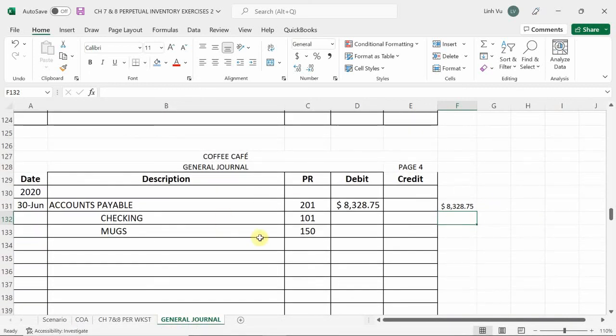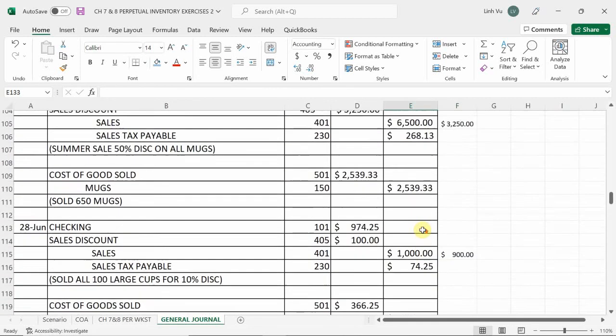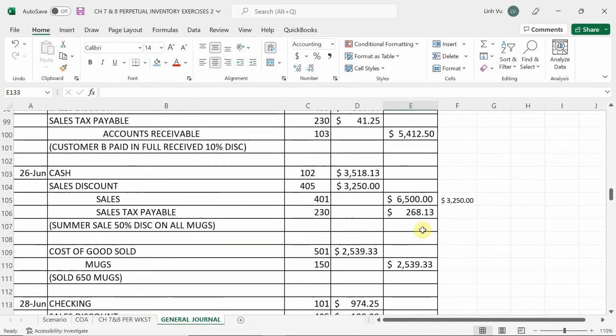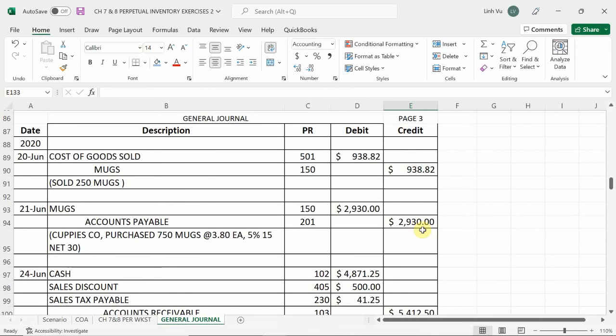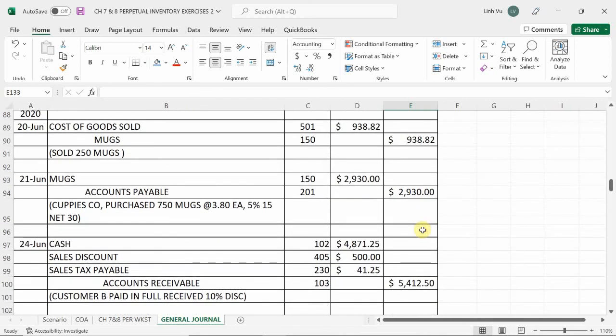Okay. Now, how much am I going to be discounting my last purchase? Because that was the only one that I'm making the discount due date for, right? I'm going to be receiving a 5% discount. Now, let's take a look on the 21st, right? Which amount am I going to be discounting? The 2,930.